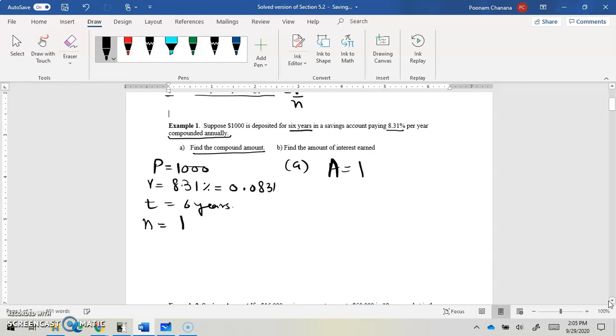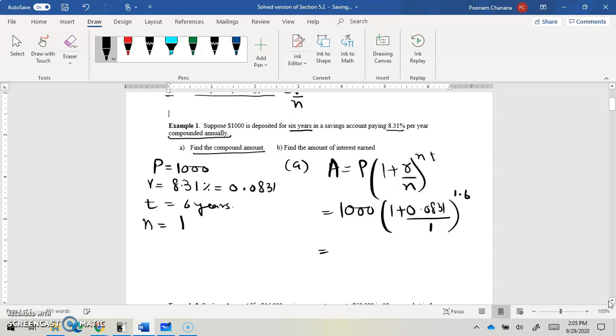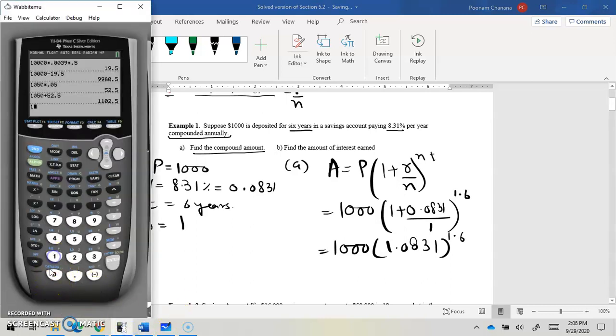The amount formula is given by principal times 1 plus R by N raised to the power NT. What is the principal? $1,000 in this case, times 1 plus 0.0831 divided by 1, raised to the power N is 1 times T is 6. So this is 1000 times 1.0831 raised to the power 6.